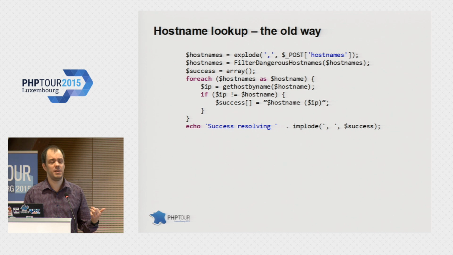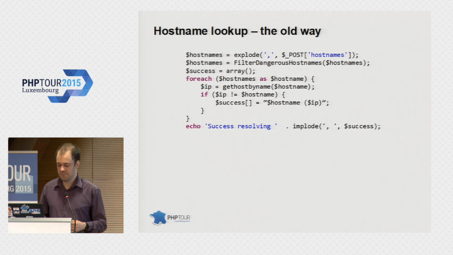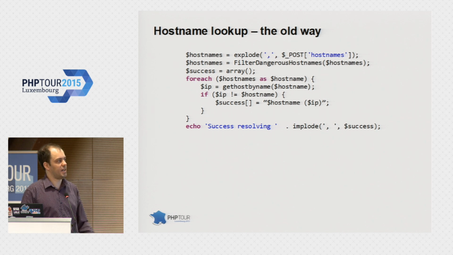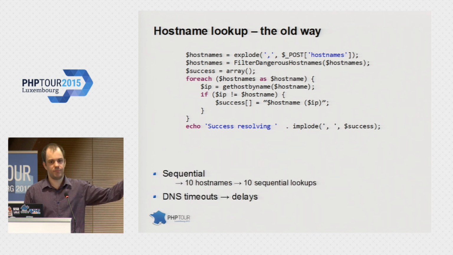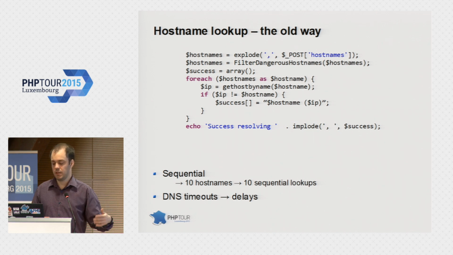So either you get the IP back, or you get the original host name back instead of false or something. So we're just going to check if it's different, then yes, it's an IP, and in this case, I'm just going to add it to success. And I'm going to echo out that I had success resolving all of these hosts. Let's not worry about the errors right now. The issue here is if you have a timeout on one host, then you're going to wait, and wait, and wait.